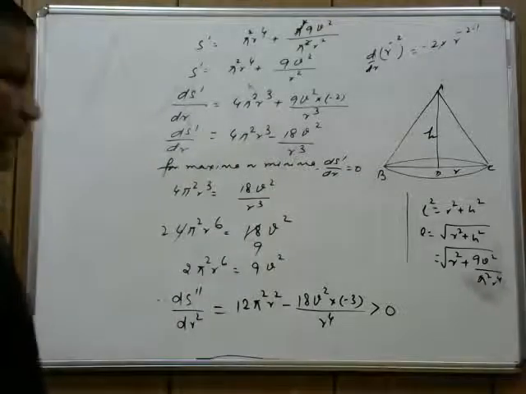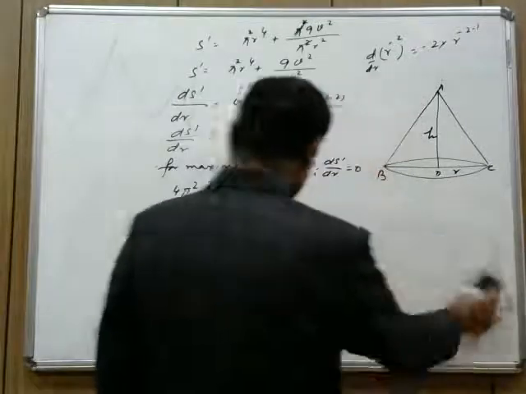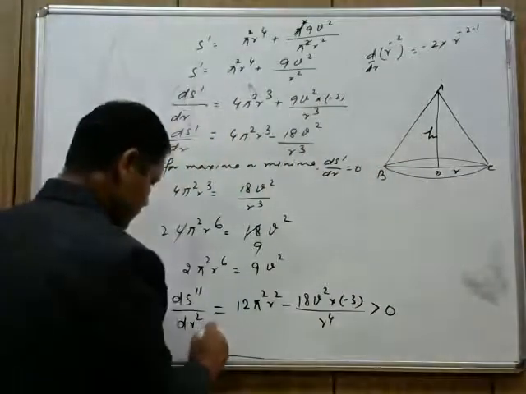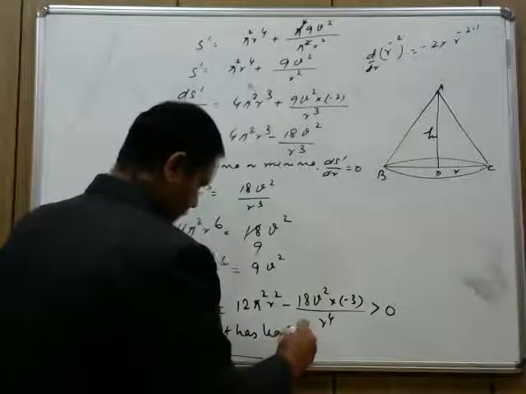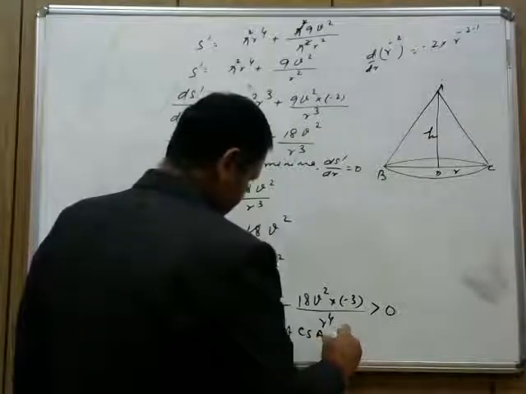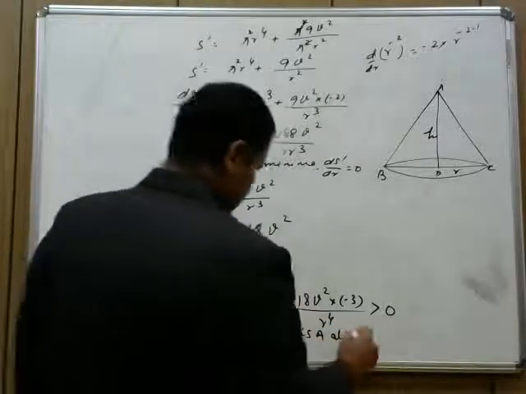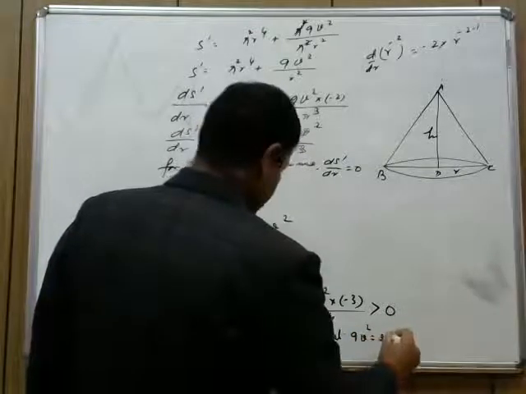Right? And now the result. Therefore, it has least curved surface area at 9v square is equal to 2 pi square r^6.